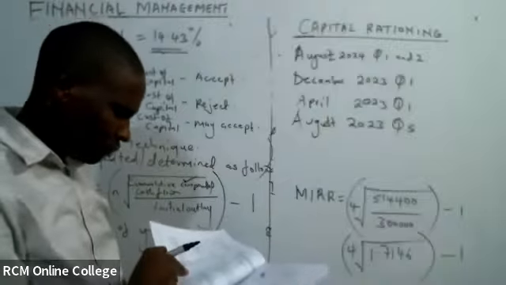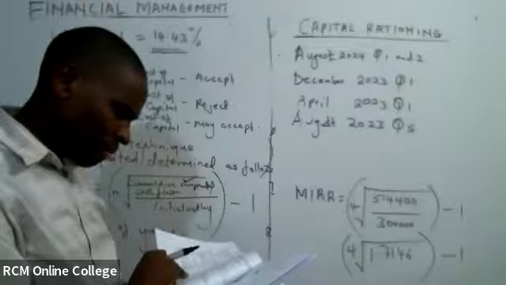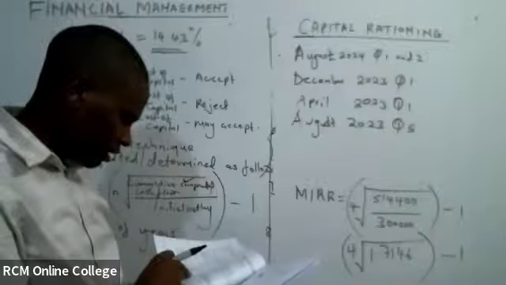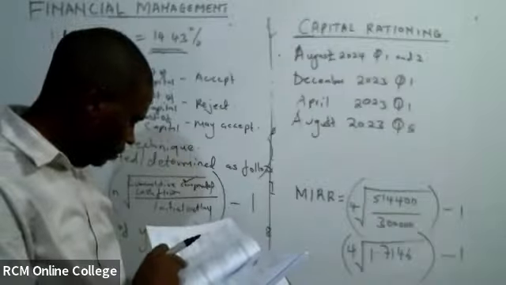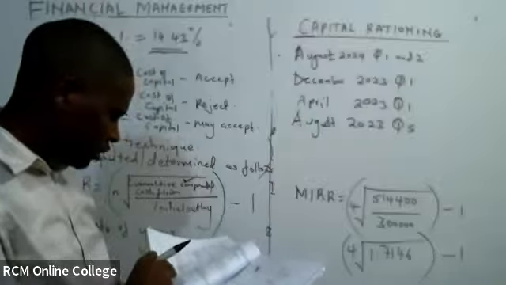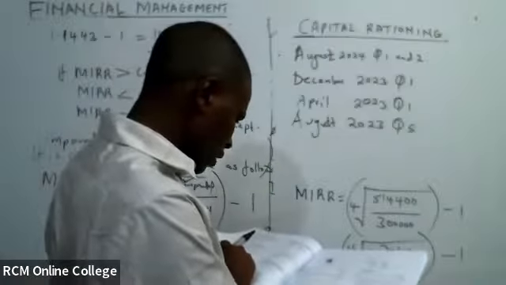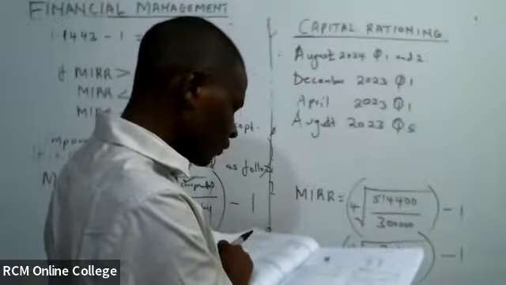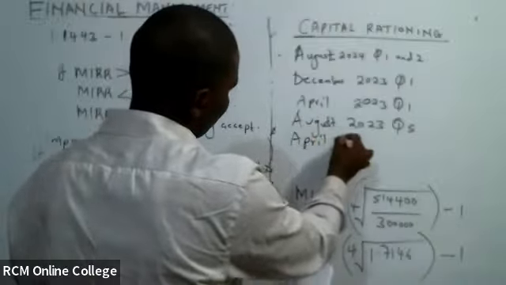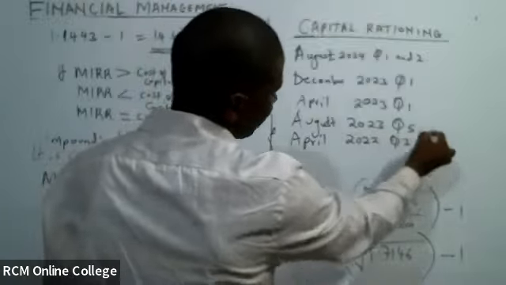Why can't you go and try this one for payback period again? This is April 2022, question number 2C.